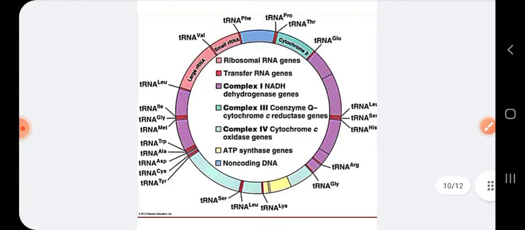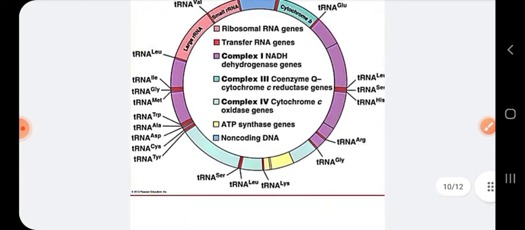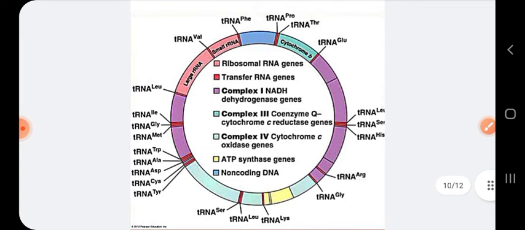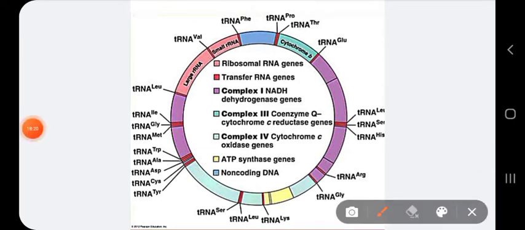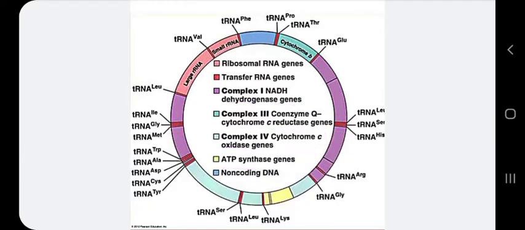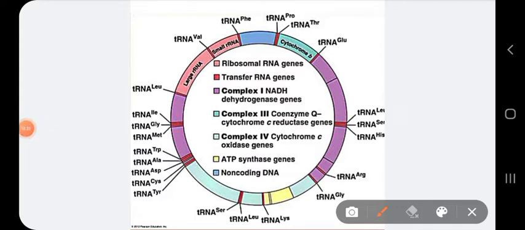I have said that chloroplast DNA is linear in nature, but I have seen a circular structure here. So here we can see all the four different complexes, which have been shown in different colors. If I mention them one by one, where are the ribosomal RNA genes located? Here you can see the small rRNA and the large rRNA are coded in these regions.